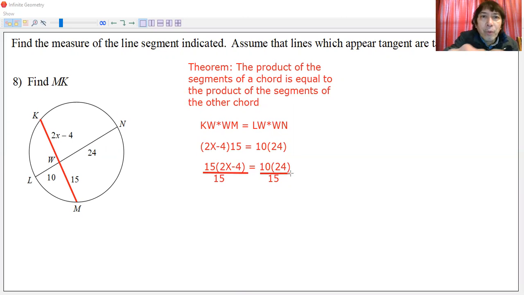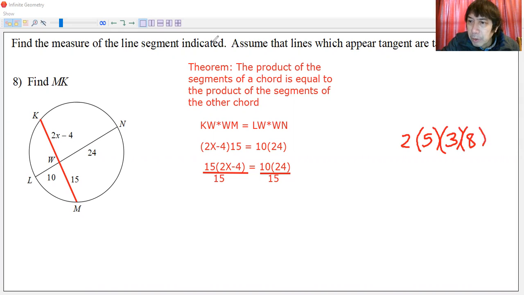And so we can simplify our division. 10 is how much? 2 times 5. That's 10. 2 times 5. 24 is 3 times 8. There. Okay, 3 times 8 is 24.